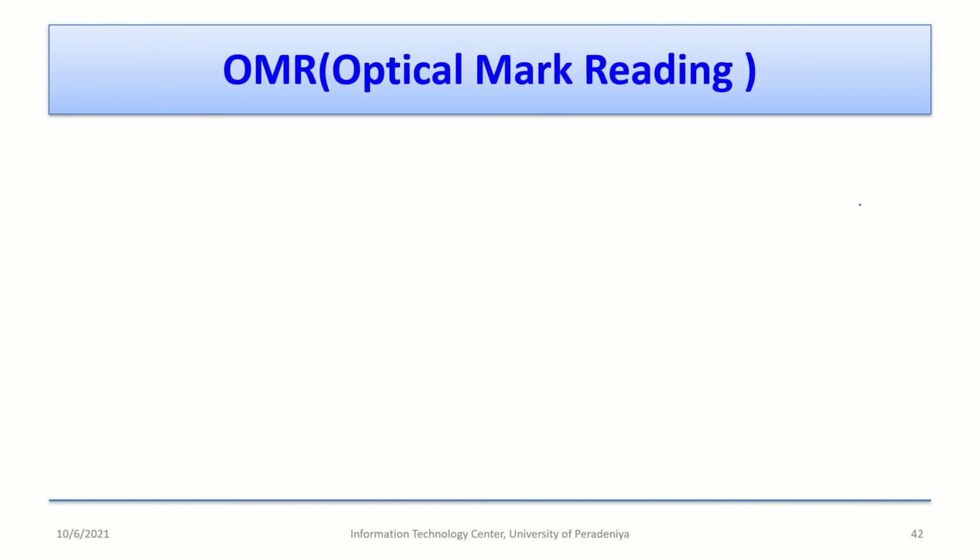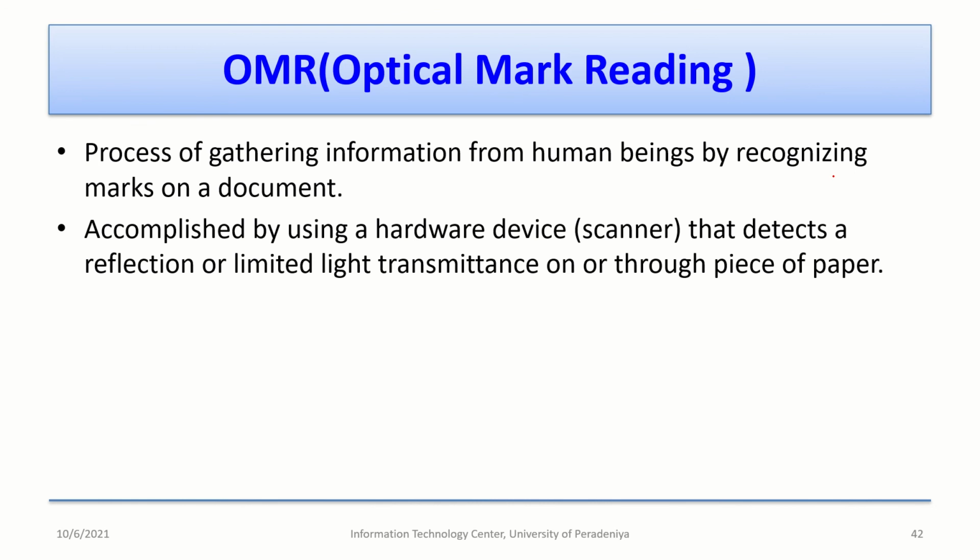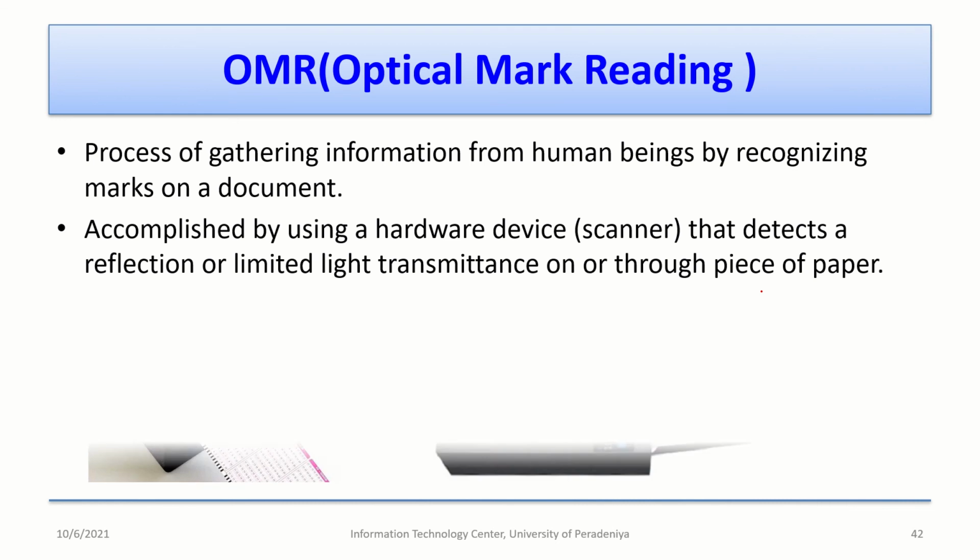Next one is optical mark reader, or OMR, optical mark reading. It is a process of gathering information from human beings by recognizing marks on a document, right? This can be accomplished by using a hardware device that detects reflection or limited light transmittance on or through pieces of paper, right?